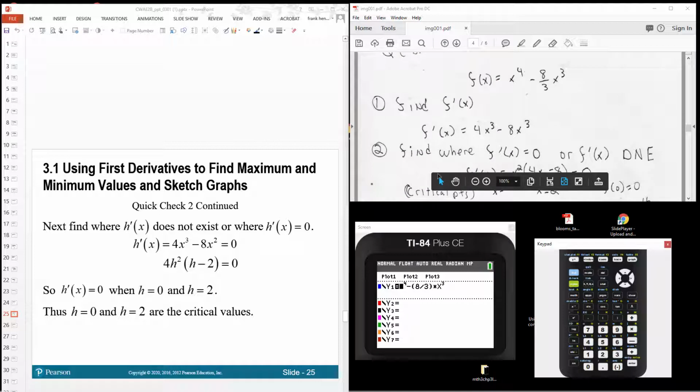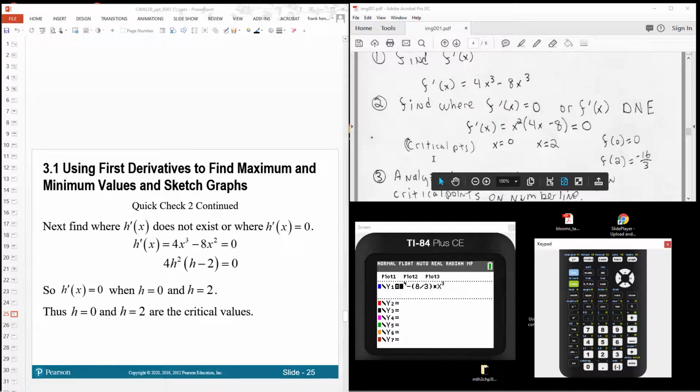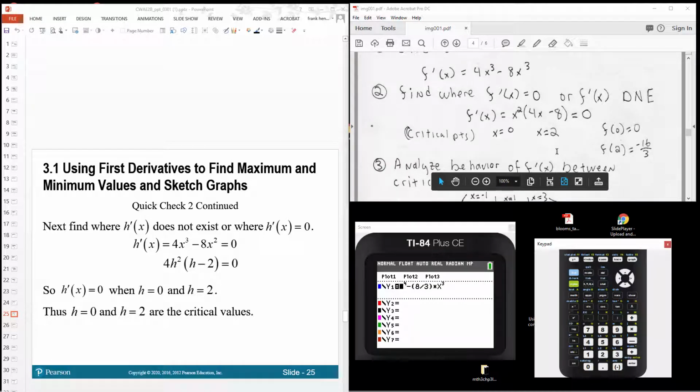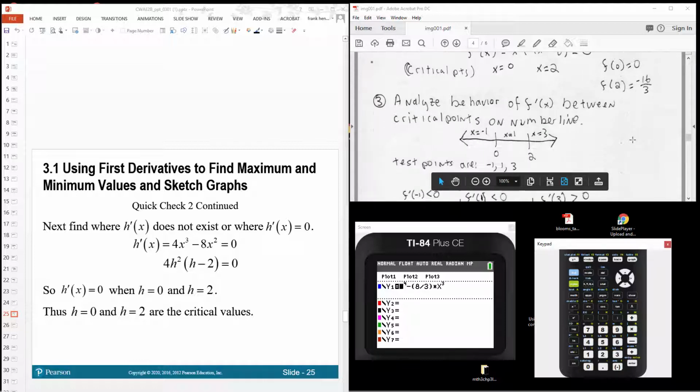So first thing I do is I find my derivative. I find where f prime is 0 or doesn't exist. So I factor it and set it equal to 0. So I'm given those 2 critical points. Then I find what the y coordinates are for those points. Analyze the behavior on a number line between the intervals for 0 and 2.